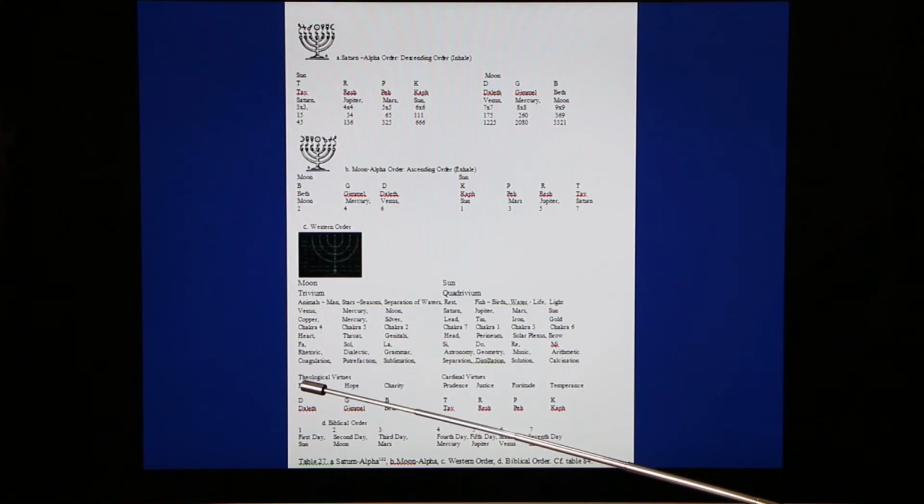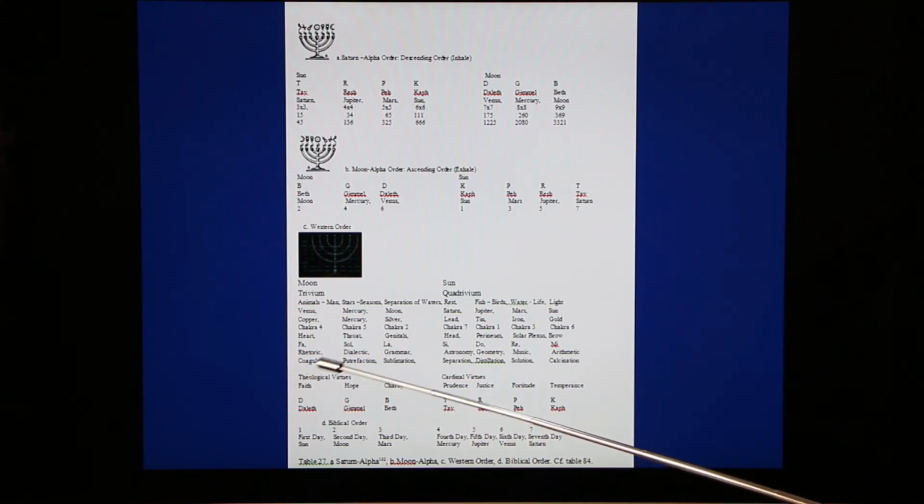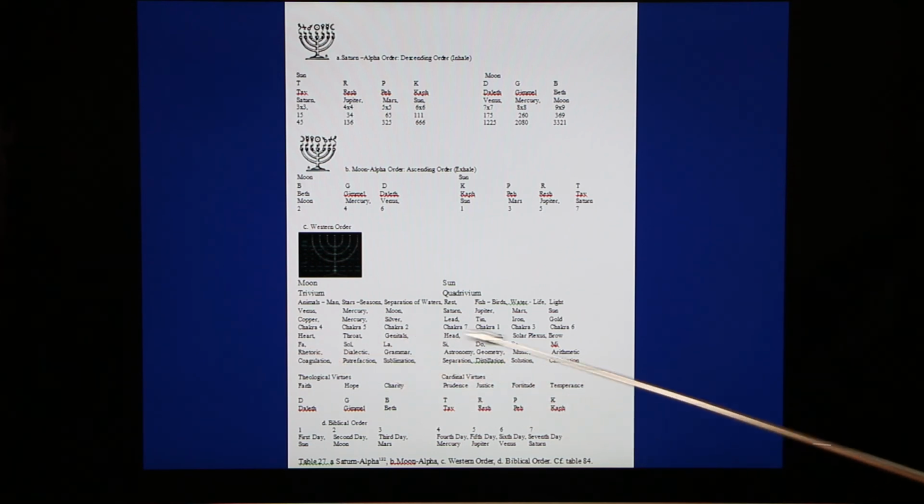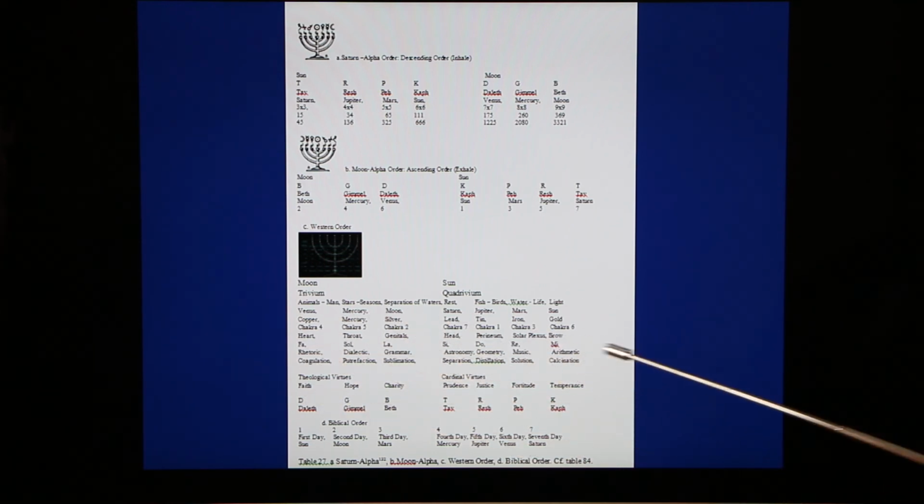So the trivium is grammar, dialectic, and rhetoric, and the quadrivium is arithmetic, geometry, music, and astronomy. And so that links up then also with the 7 sounds, the 7 parts of the body, the 7 metals, the 7 theological virtues, and the 7 days of creation. And so by just having 7 letters, I have the whole of the world.